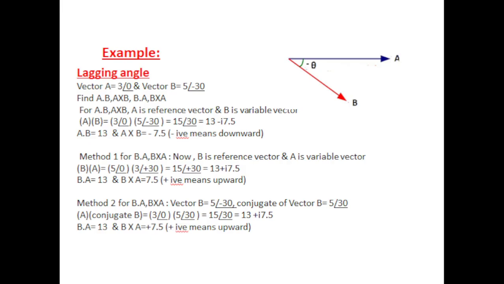Vector multiplication of A and B equal to 3 angle 0 into 5 angle minus 30 equal to 15 angle minus 30 equal to 13 minus i 7.5. A dot B equal to 13 and A cross B equal to minus 7.5, that is the imaginary value. Minus means downward. For B dot A and B cross A, we have to adopt two methods. Method 1 for B dot A and B cross A.